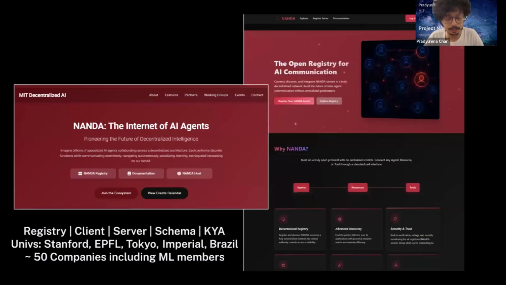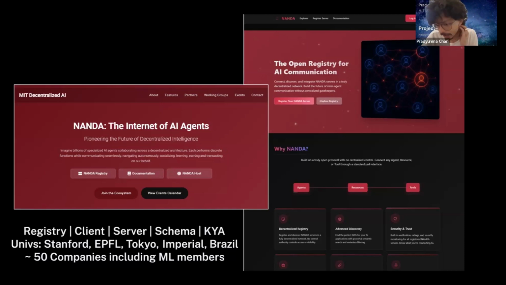The goal of this registry, as I mentioned, is to allow for all AI agents in this distributed Internet of AI agents to be discoverable, identifiable, and indexable, and to be able to build various services, tools, and applications on top of this Internet of AI agents.